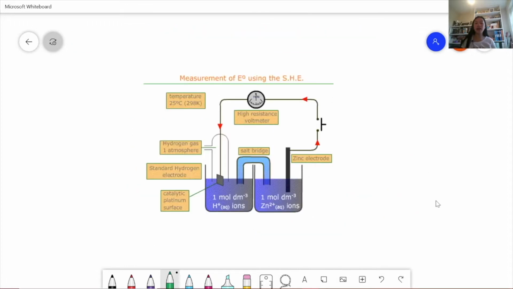So here we have a zinc half cell set up to the standard hydrogen electrode.